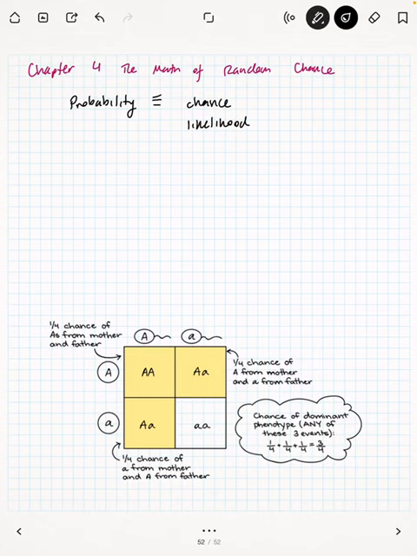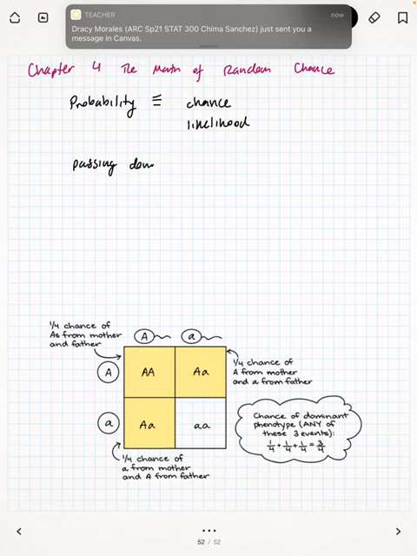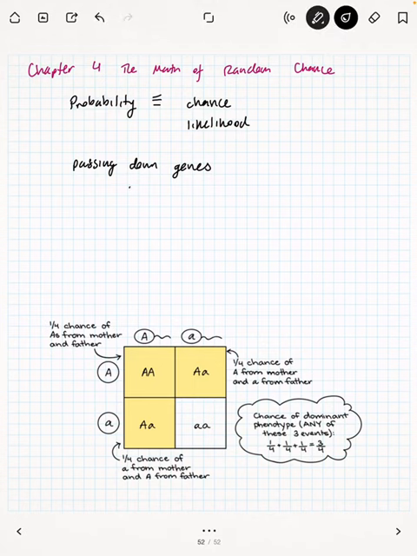So here's an example. Let's say we're talking about the passing down of genes from parents to children, right? So passing down genes, you may be passing down a recessive or a dominant gene.